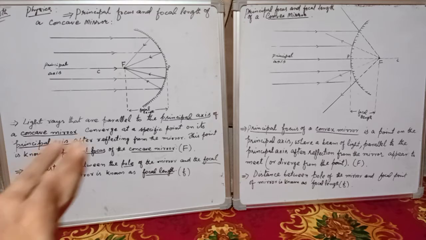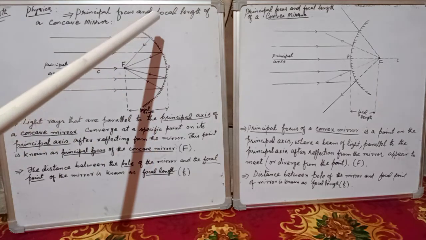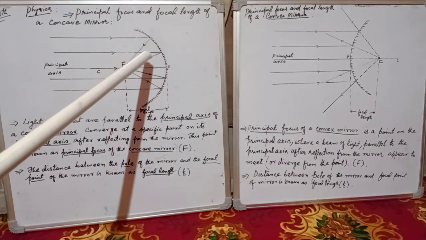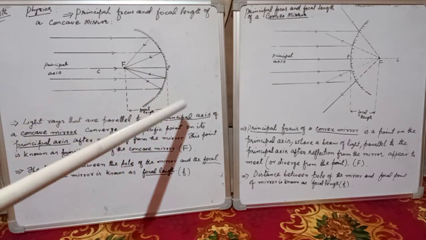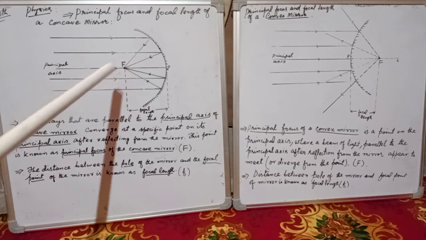Dear students, when they get reflected from this concave mirror, they meet, or in other words, they converge at one point. So this ray gets reflected in this direction, this in this direction, and similarly these rays, after reflecting from this mirror, converge, they meet at one point.